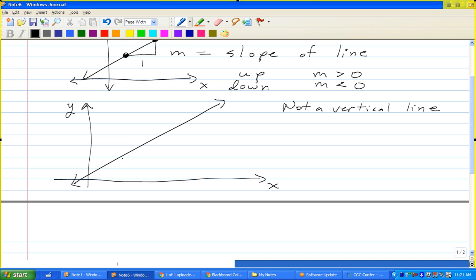Then the slope of the line will be the rise over the run.